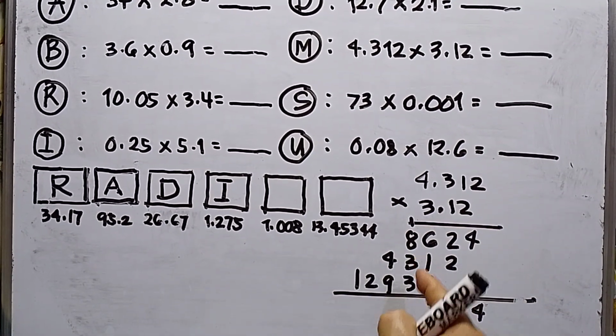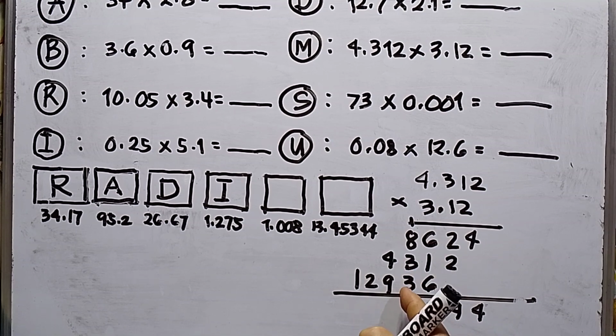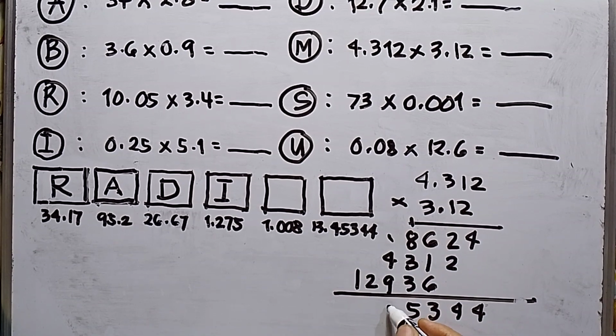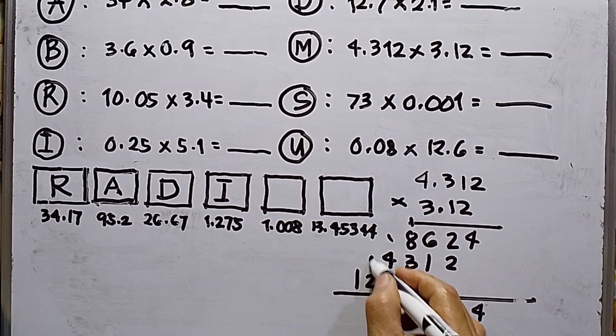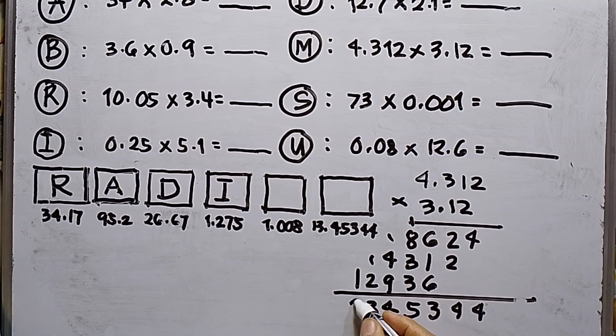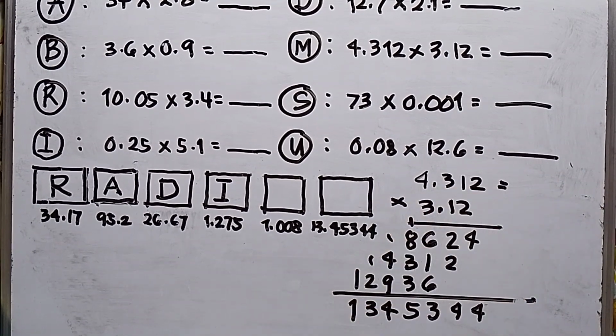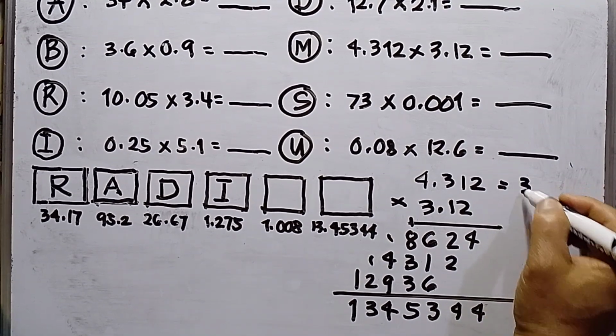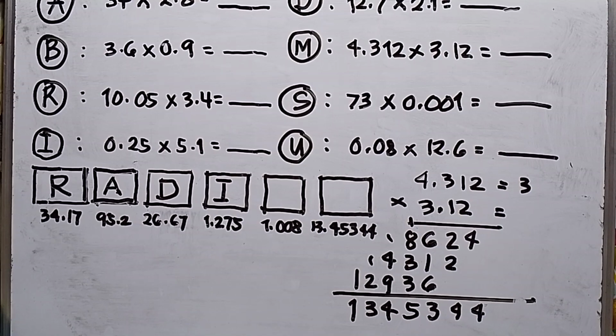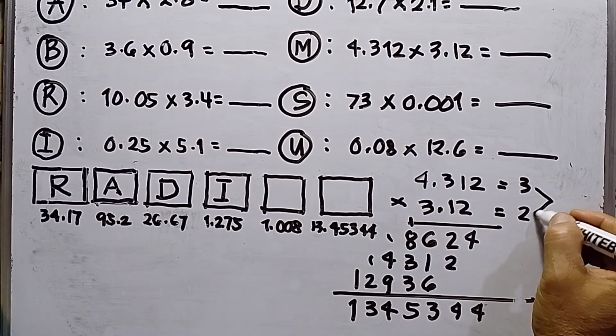This is 6 plus 8 is 14. Plus 1 is 15. Carry 1. This is 14. Carry 1. 3. Bring down 1. So how many decimal places do I have for 4.312? I have 3 decimal places. How about 3.12? I have 2 decimal places.